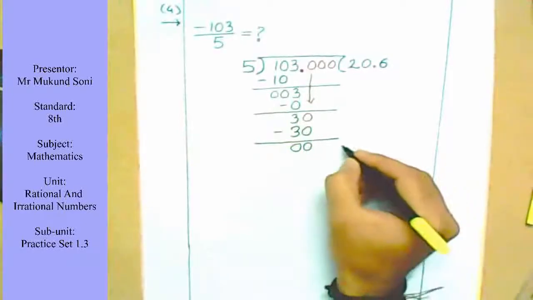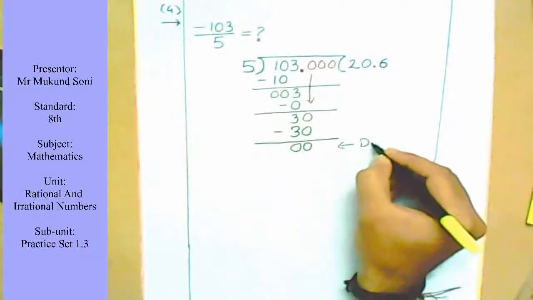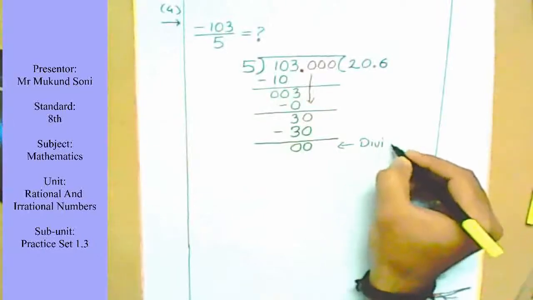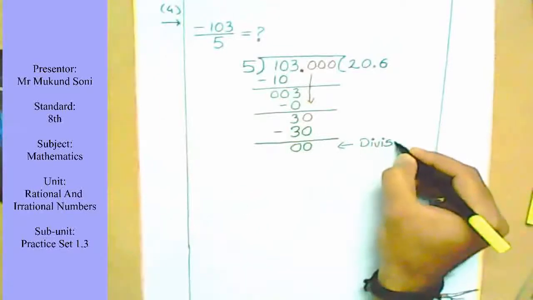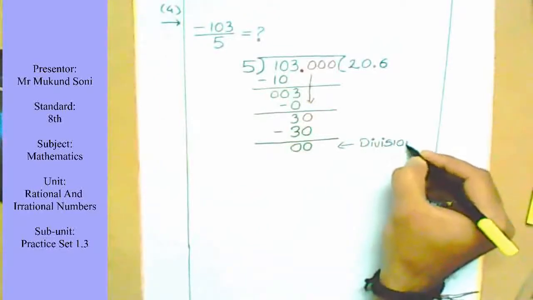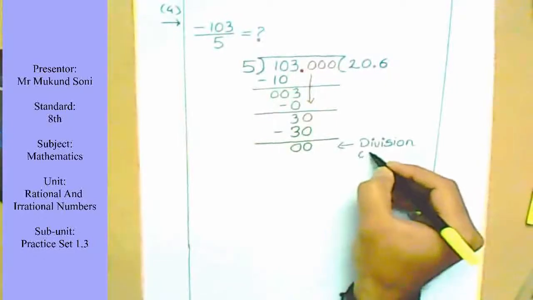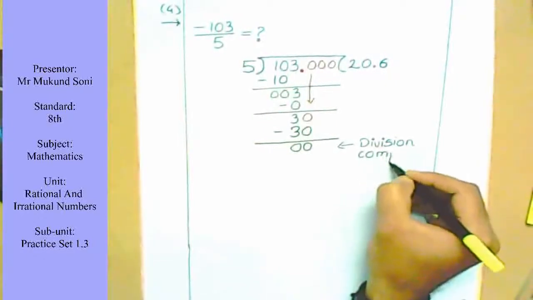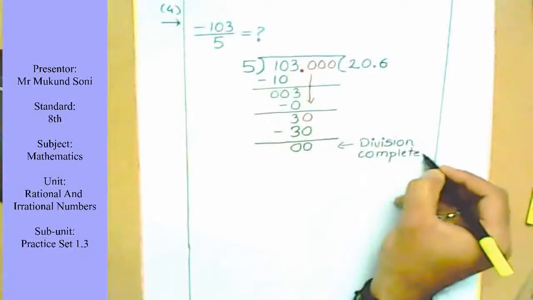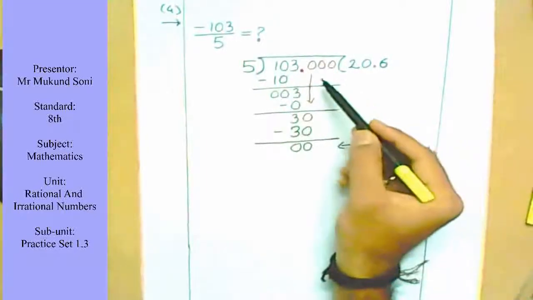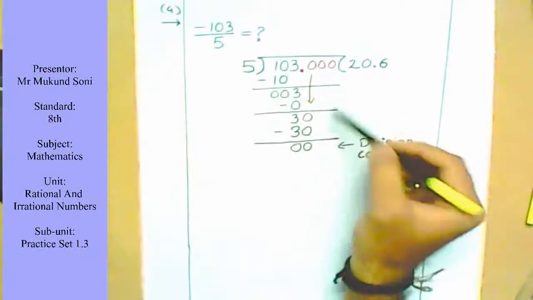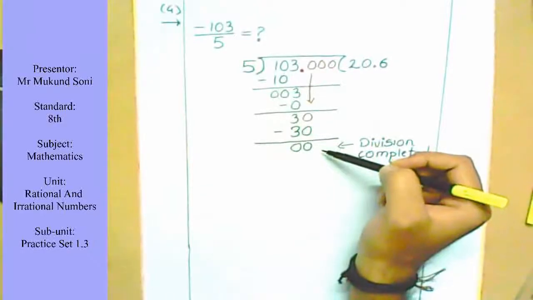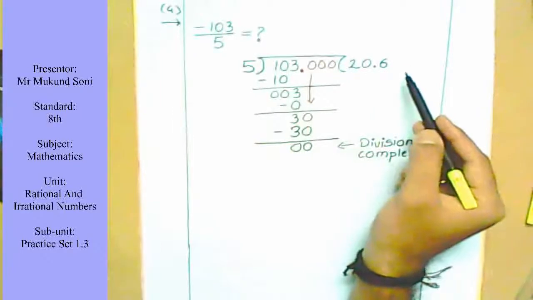As the remainder is 0, it shows that the process of division has been successfully completed. That means even if I have some unused zeros, I won't use them for further calculation. That means my answer is finished.